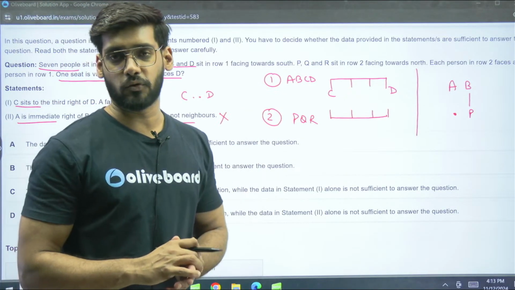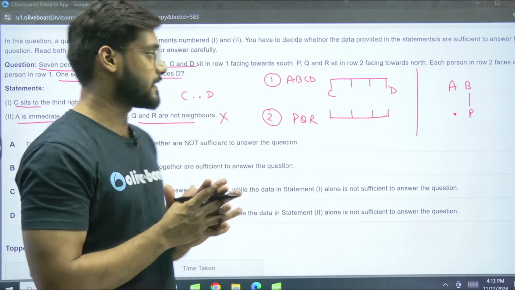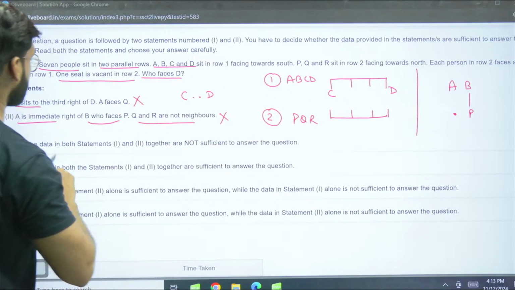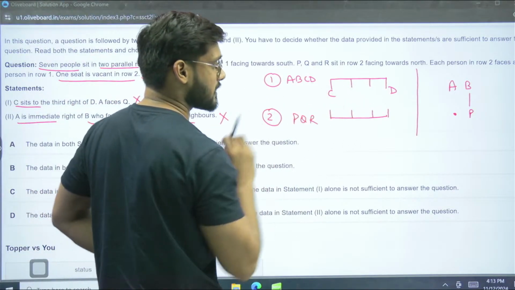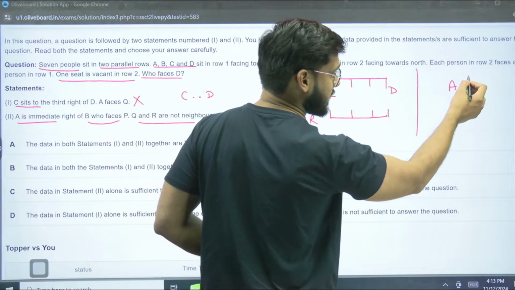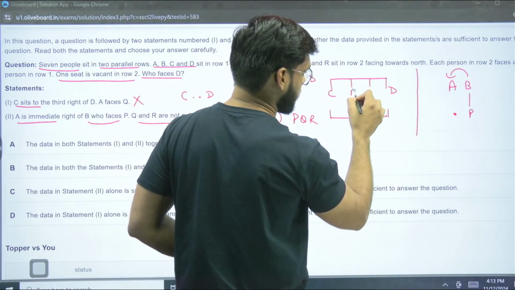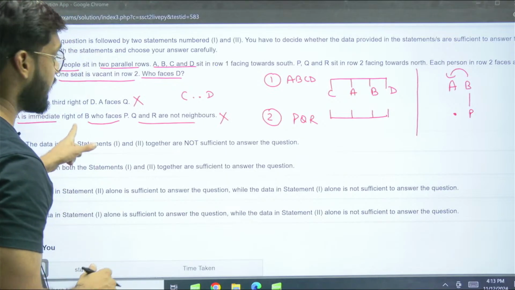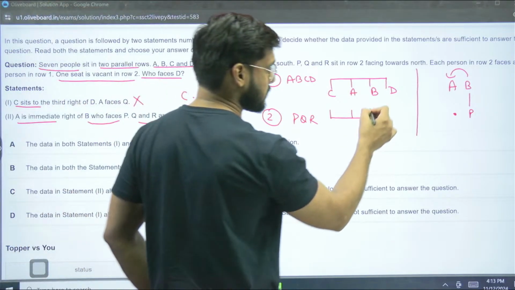Now what we have to do? Let's combine both the statements. If I combine both, this is the first statement. In the second statement, he is saying A sits immediate right of B, so A will come over here and B over here, like this. B is facing P, so P will come over here.